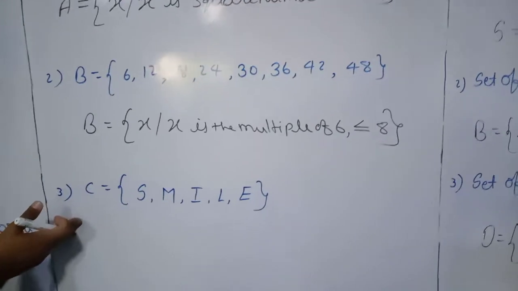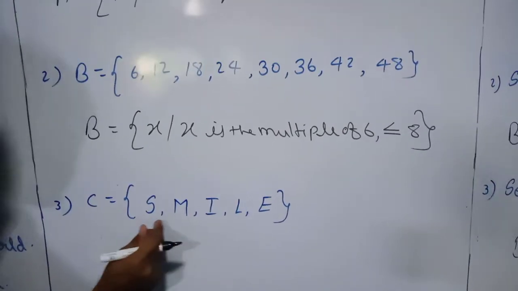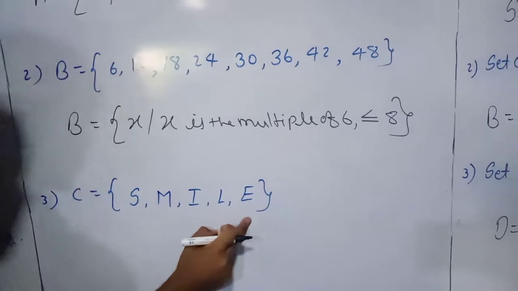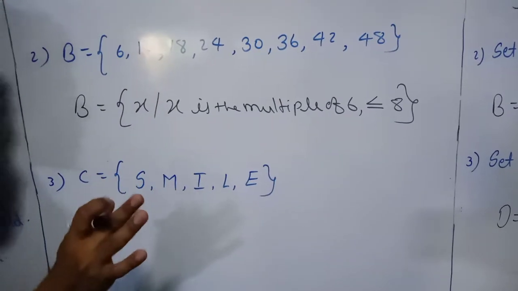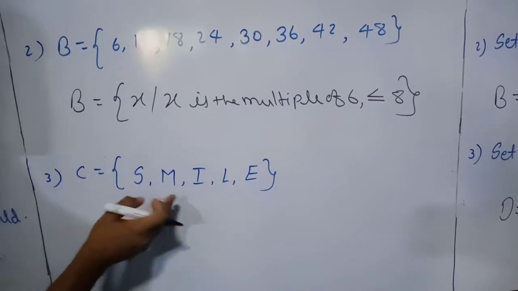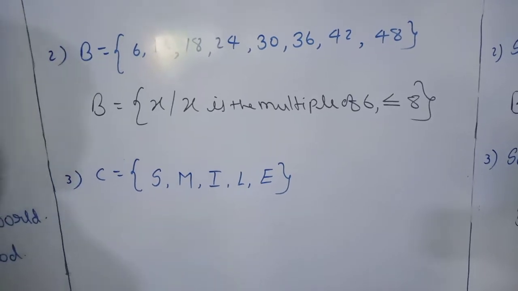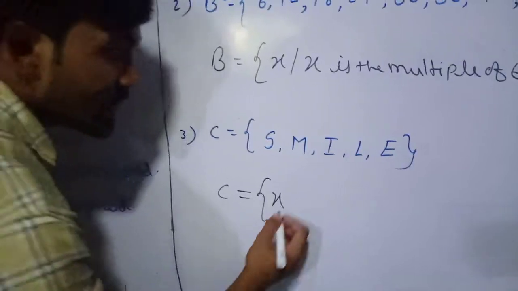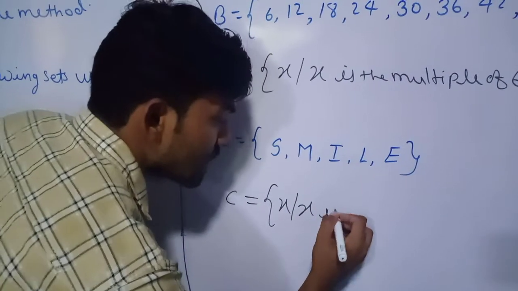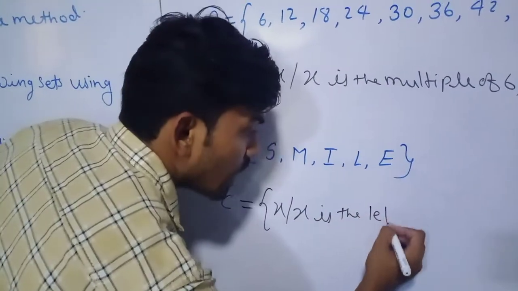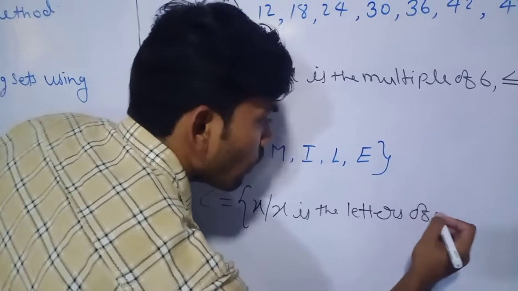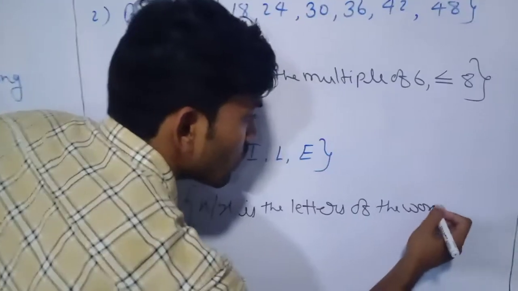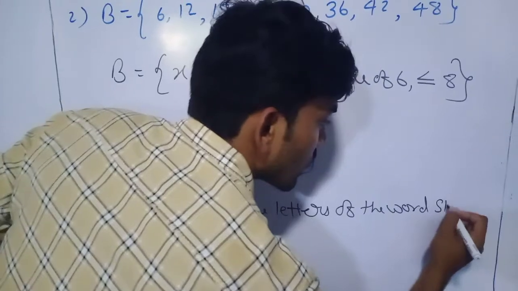The next one is C. Set C is SMILE. These are the letters of a word. Are we getting it? Yes, these are the letters of the word smile. So set C is equal to the set of X such that X is a letter of the word smile.